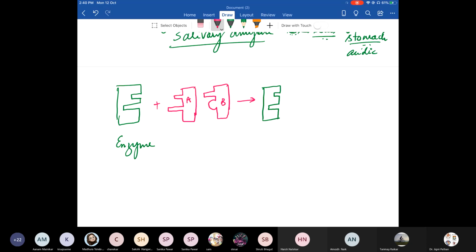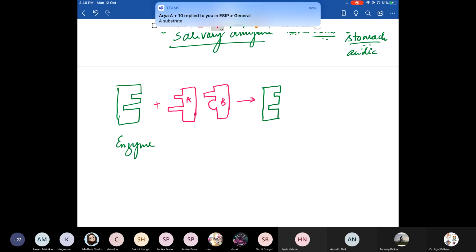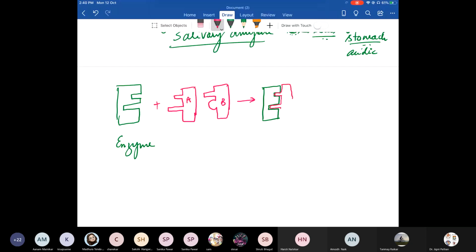Yes, it is substrate A that's going to bind.